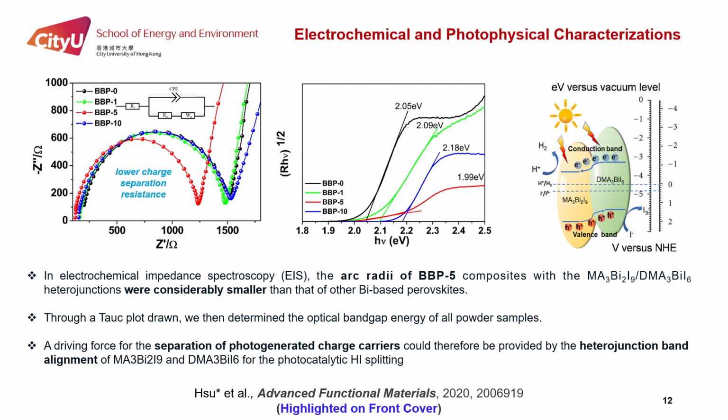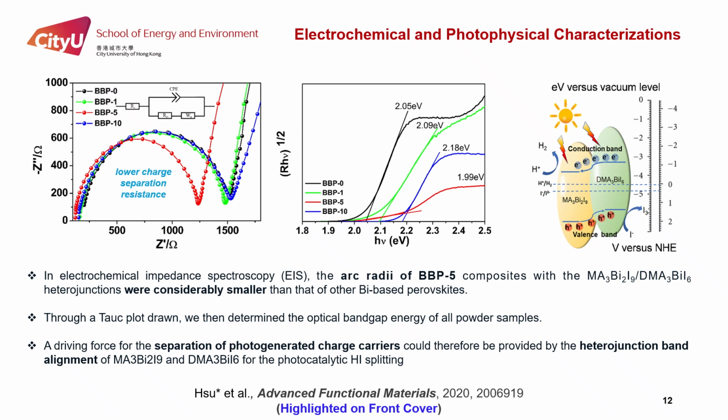The arc radius of the heterostructure BPP5, the red curve, was considerably smaller compared to other bismuth-based perovskites. Accordingly, heterostructure BPP5 possesses a lower charge separation resistance, thereby implying an improvement in the charge separation and transfer between the interfaces.